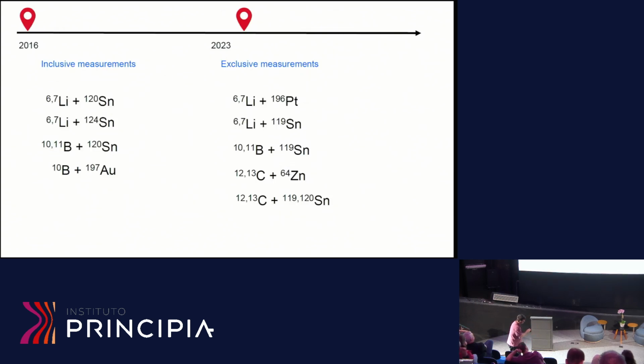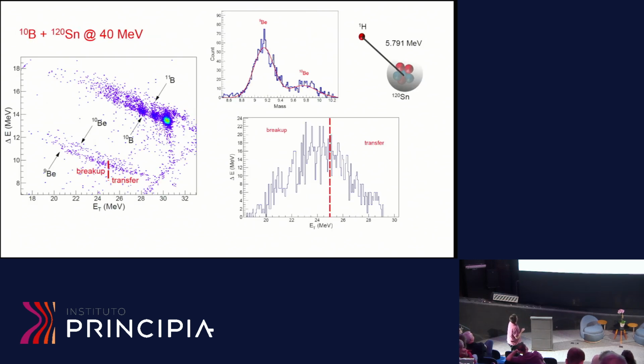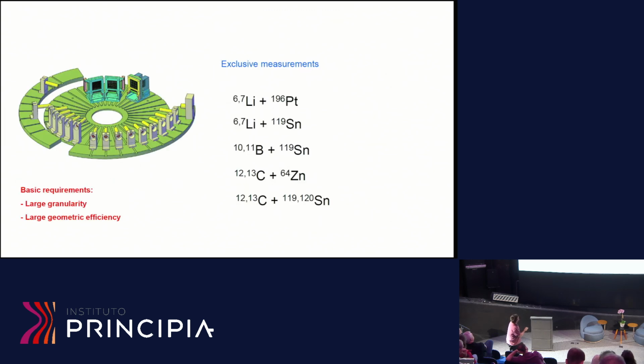So then we decided to move over and try to do exclusive measurements, from now on, since 2023. So now we have a list here of reactions that we want to study. Part of this has already been measured, and for that, we need the basic requirements for doing these measurements.